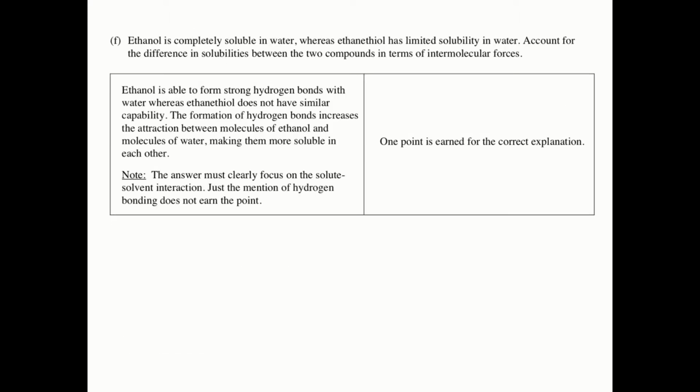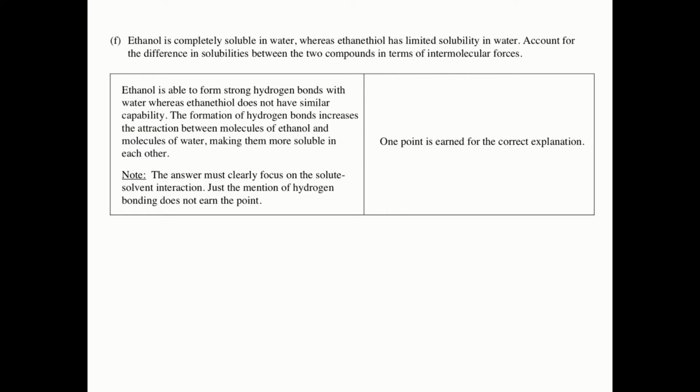And finally, for F, it says ethanol is completely soluble in water, whereas ethanethiol has limited solubility in water. Account for that difference in solubilities between the 2 compounds in terms of intermolecular forces. So ethanol has hydrogen bonding, while ethanethiol, I'll pronounce it that way, has only dipole-dipole attraction. So ethanol can form, and here's where people get points deducted.